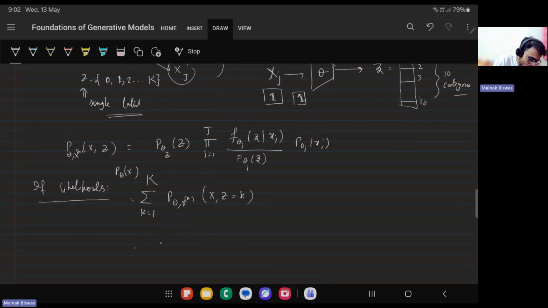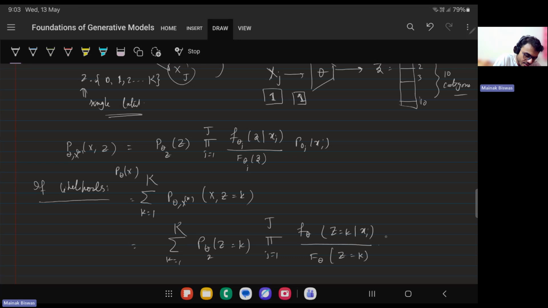So this becomes equal to p theta z equal to k, summation of k equal to 1 to K, the product of j equal to 1 to J. Sorry, the summation is here. F theta j, z is equal to k given xj by f theta. So you have the same model, z equal to k.